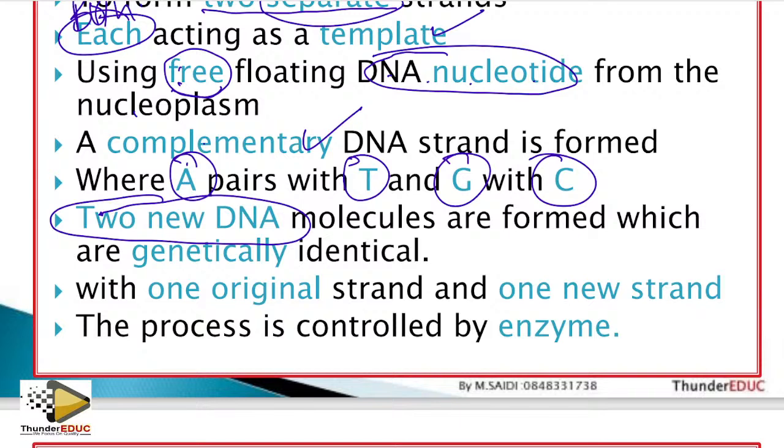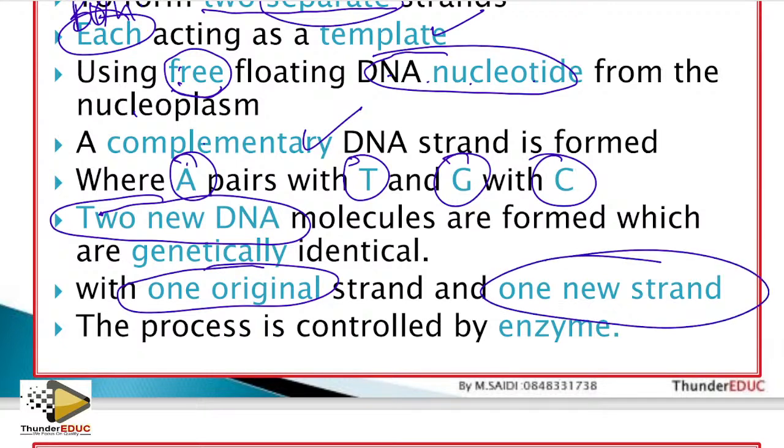Each with one original strand and one new strand. We have explained this: how is each with one original strand and how is each with one new strand? And this process is controlled by the enzymes. We don't talk about those enzymes.